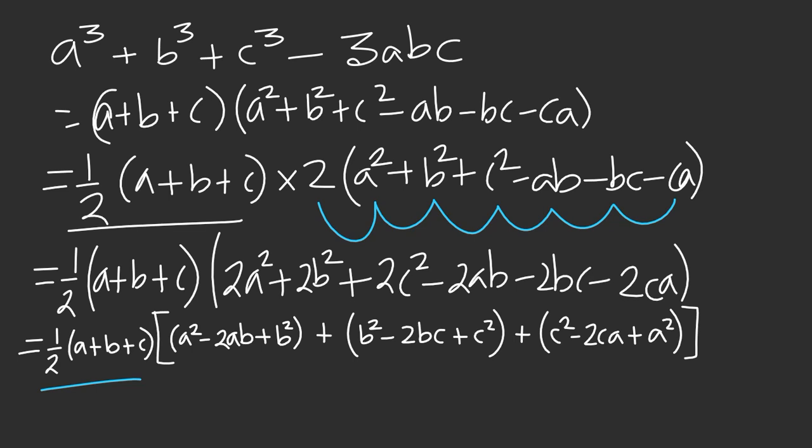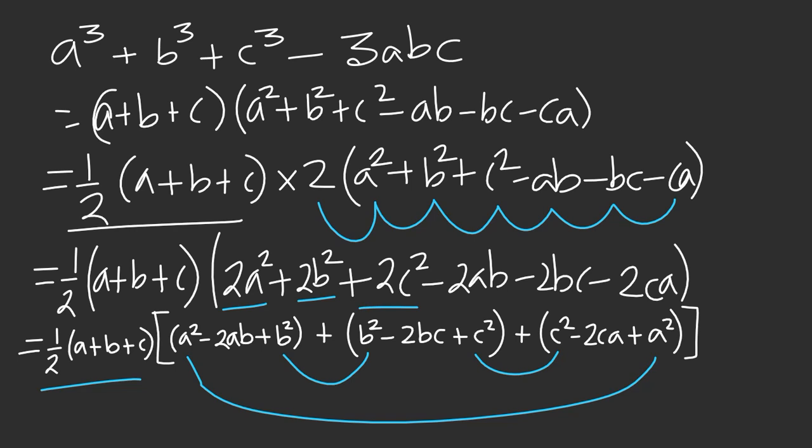You can see here we have one a square here and the other plus a square here, so it is matching with twice a square. This b square and b square, 2b square matched. C square and c square equivalent to 2c square here. So twice ab, twice bc, and twice ca are ultimately equal to the previous step.